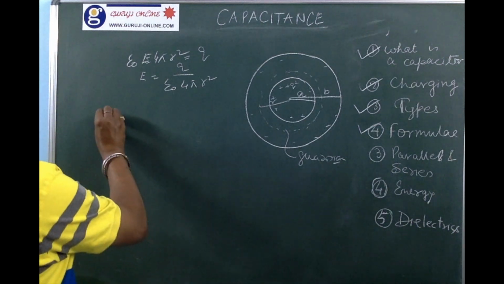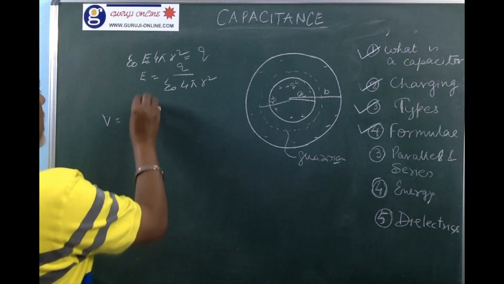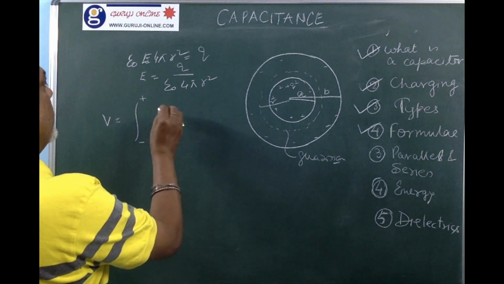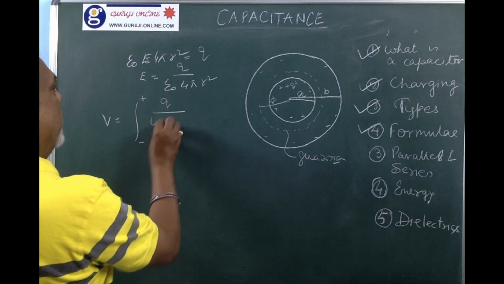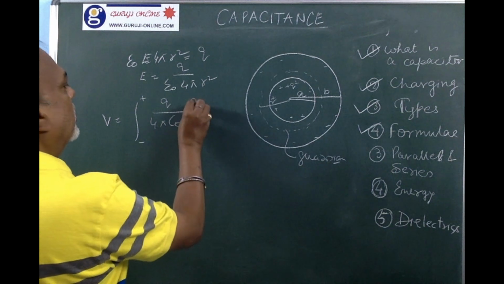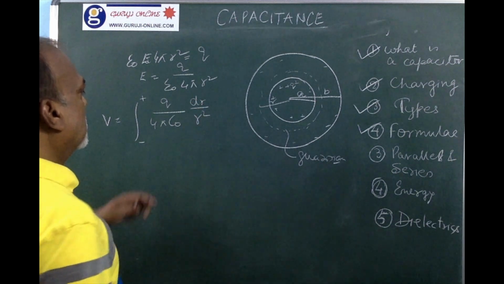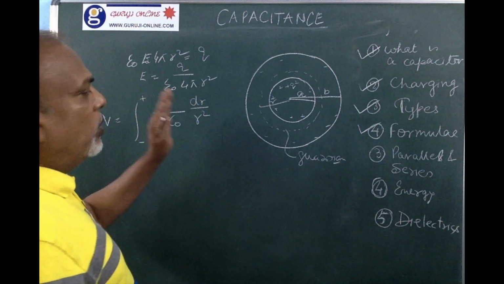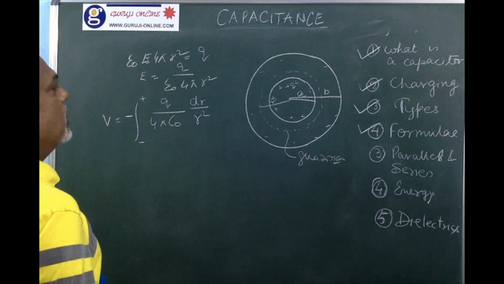In the same way, here V will be from minus to plus. It will be Q upon 4 pi epsilon 0 into dr upon r square, because it is E into ds, and ds will be minus dr, so naturally it will be minus.